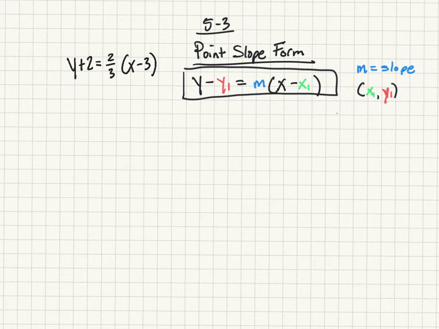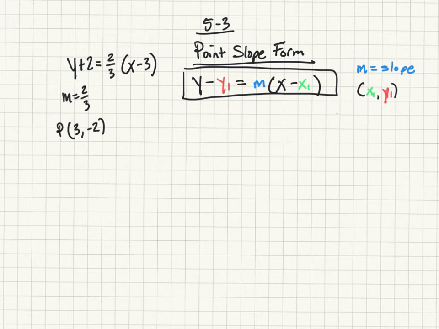So I know by looking at this and comparing it to my formula that my slope is going to be 2/3, and then my point is going to be a +3 and a -2. So you can see that when you take out the point, it's going to be the opposite. So the opposite of -3 inside the parentheses for the x is +3, and then the opposite of y plus 2 is going to be a -2.